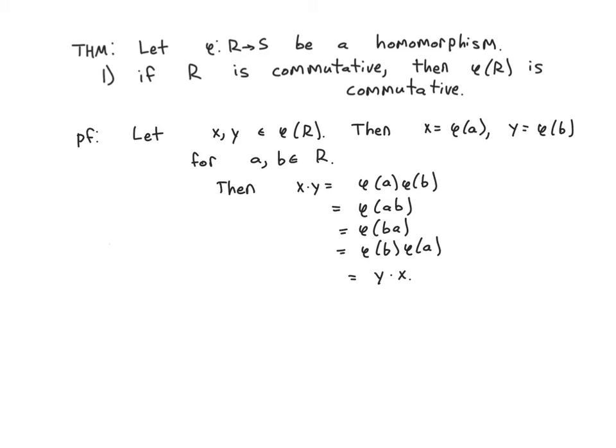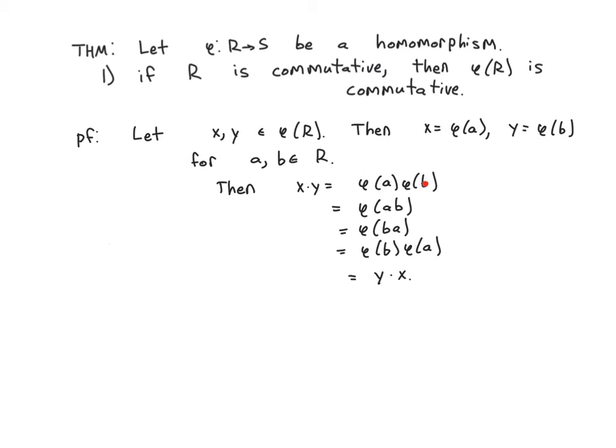All right, now we can get to our other types of results. If R is commutative, then so is the image. So now we know it's actually a subring. We want to show it's a commutative subring. So let's let x and y be in the image. We'll say x is phi of a and y is phi of b for a and b in R. Why a and b? Because, well, why not change it up a little bit? x times y is equal to phi of a times phi of b.